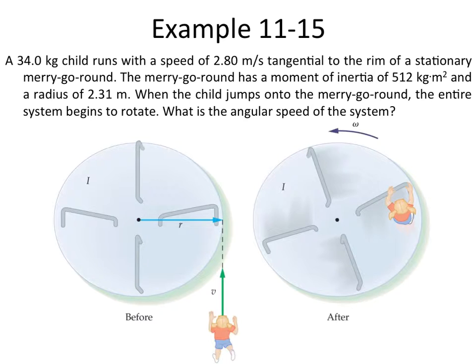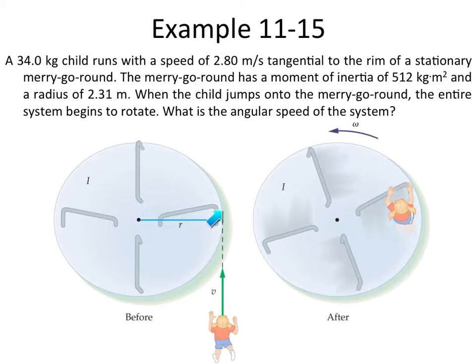So we've got a child. This is from overhead now. This is just a regular playground spinning disc, as it were, merry-go-round. It has some handles on it, but a child runs towards it with a straight velocity. The child has mass, therefore the child has momentum, and then hops onto the merry-go-round. It causes the merry-go-round child system to have a shared angular momentum.